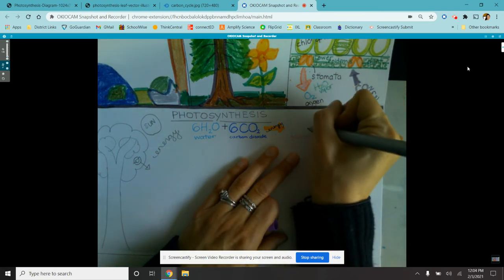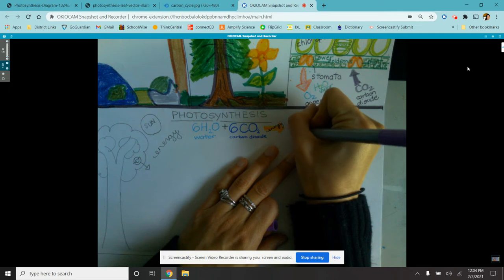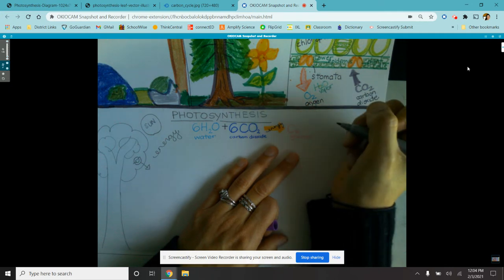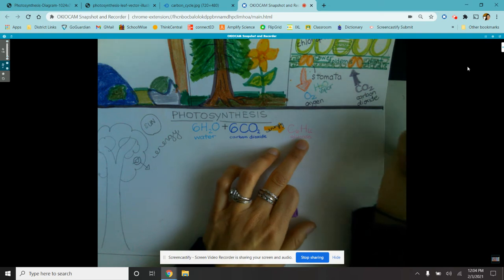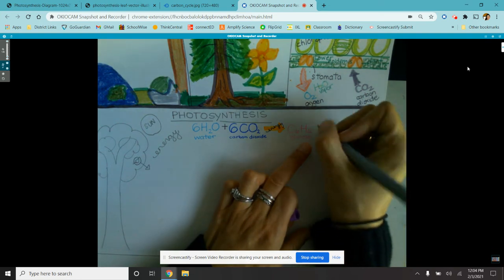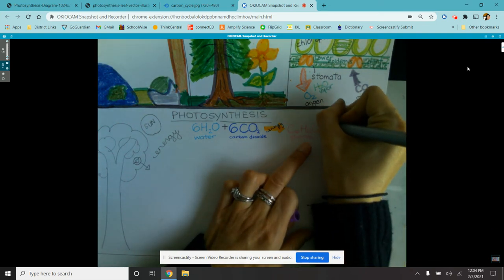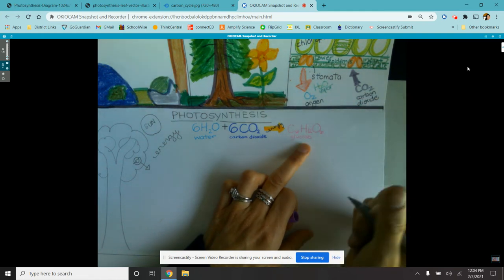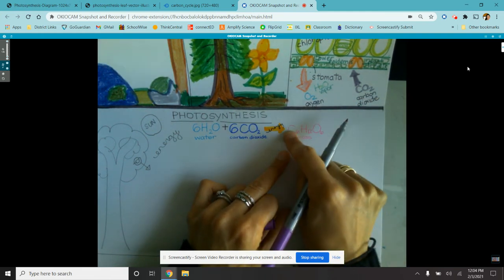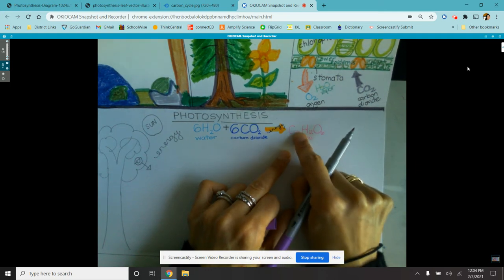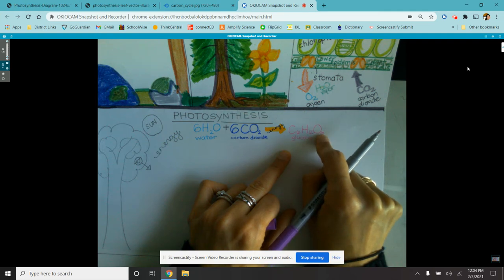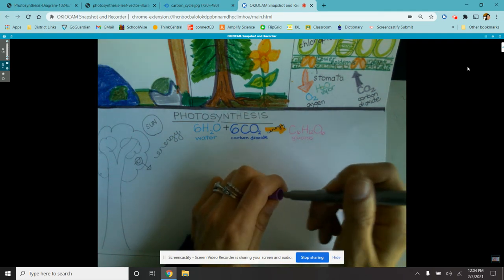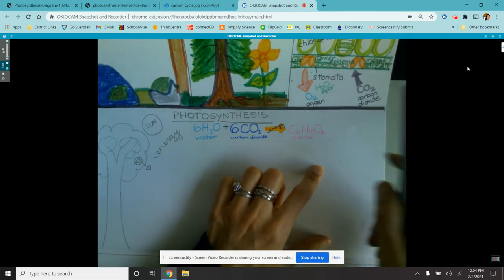All right. So the chemical formula for glucose is 6 carbon atoms, 12 hydrogen atoms, and 6 oxygen atoms, and that makes a glucose molecule, 1 glucose.